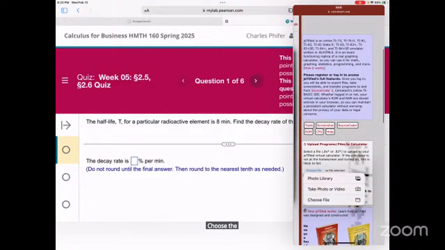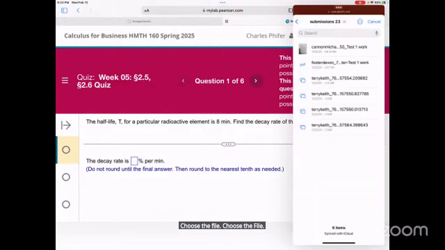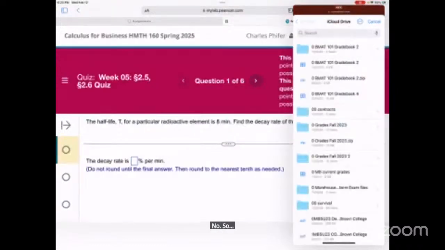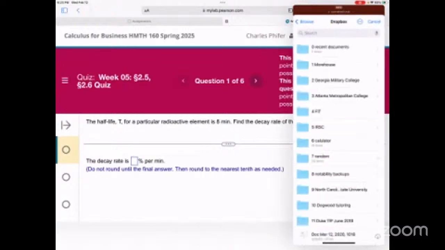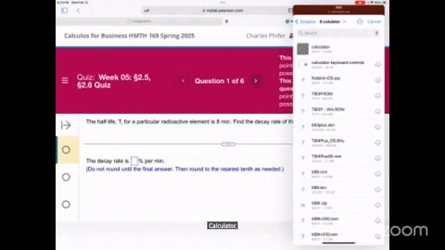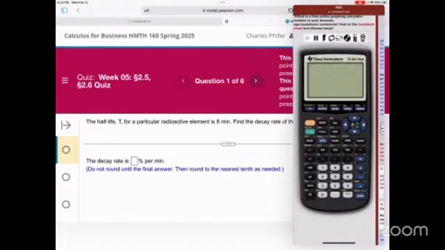Choose the file. No. No. Okay, okay. Where is it? I have a copy here, I think. Calculator. I think it's this one. Okay. Reload. Ooh. Reload and refresh.